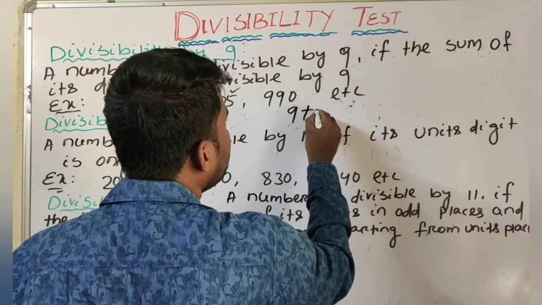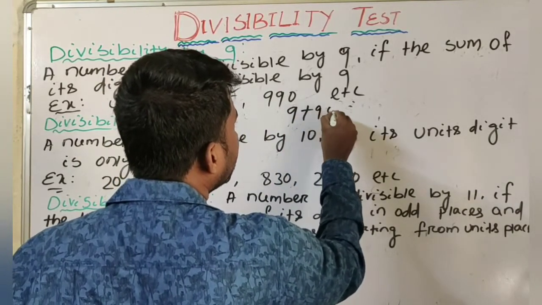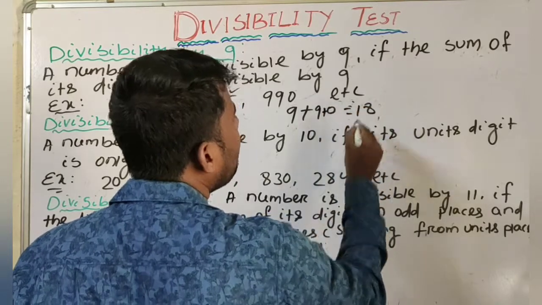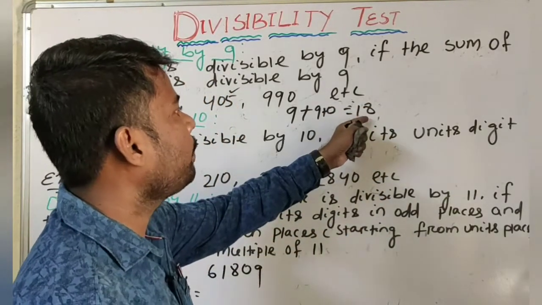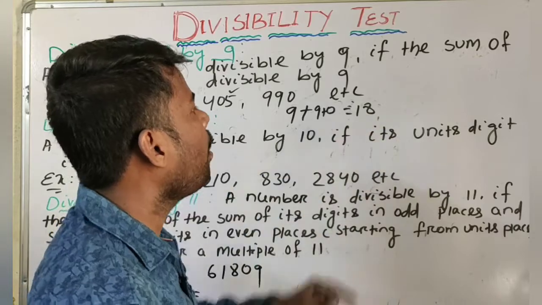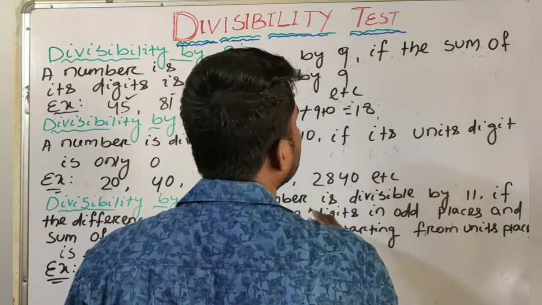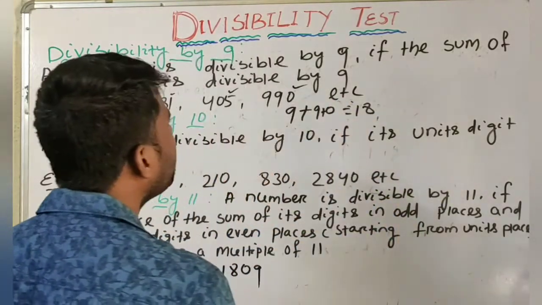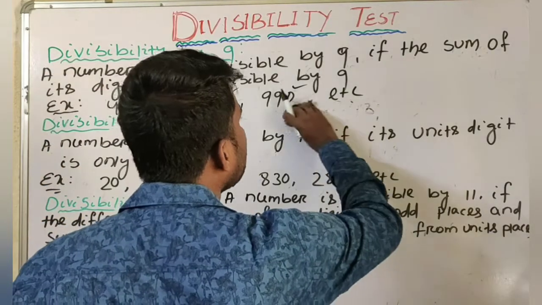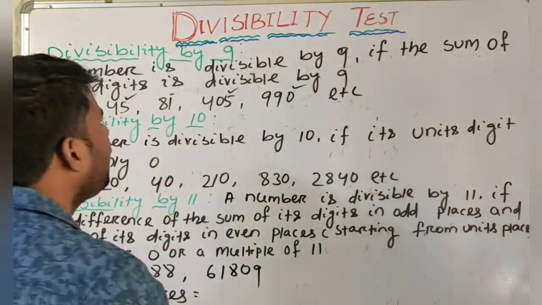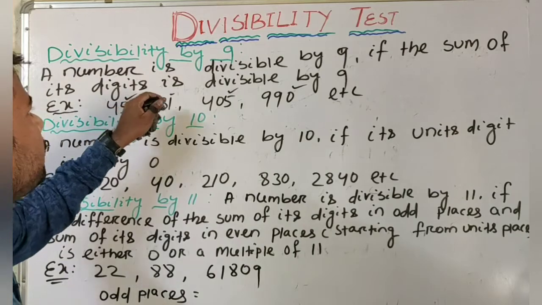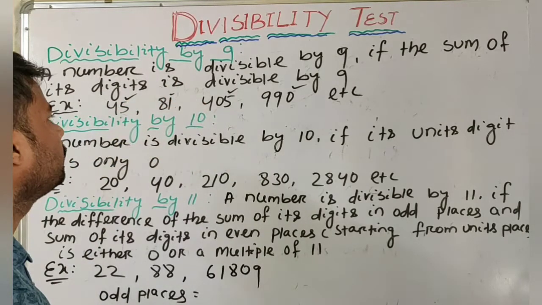The sum of its digits will be 18, and this is a multiple of 9, and multiples of 9 are divisible by 9. So this number is also divisible by 9. So in this way we can find out which number is divisible by 9 or not.